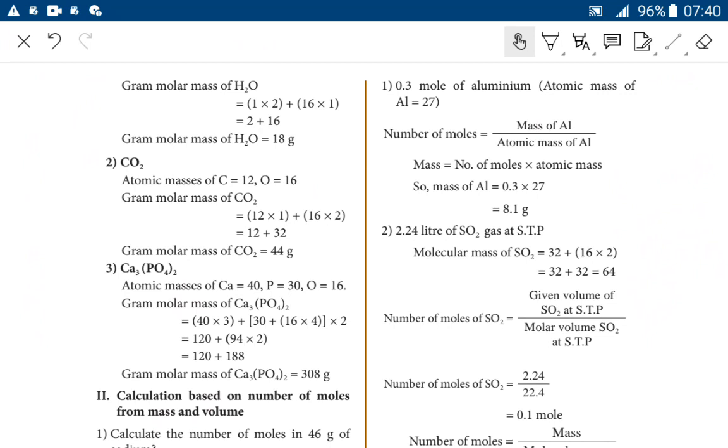So you have to multiply the whole phosphate radical's atomic mass by 2. So 94 into 2, that is 188.